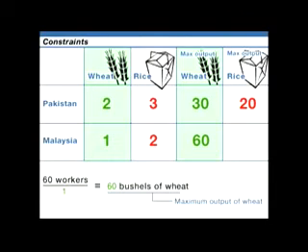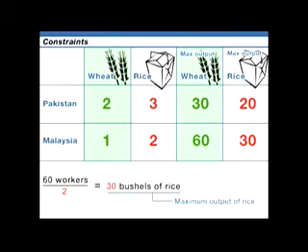If you take the 60 workers and divide by 1 worker needed per bushel of wheat, you get the total maximum wheat production possible in Malaysia is 60 bushels of wheat. 60 workers at 1 worker per bushel gives you a maximum output of 60 bushels of wheat. Likewise, if those 60 workers go into the production of rice instead, 60 workers divided by 2 workers per bushel of rice gives you a maximum rice output possible of 30 bushels.